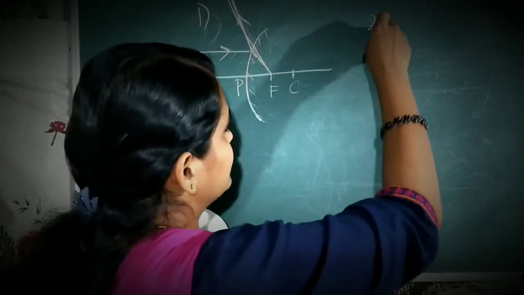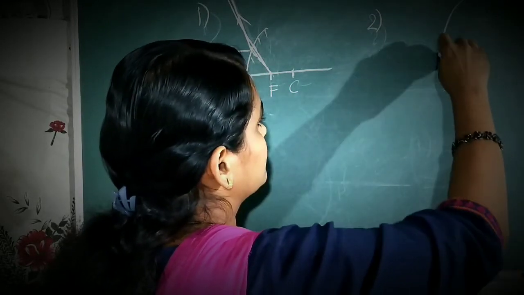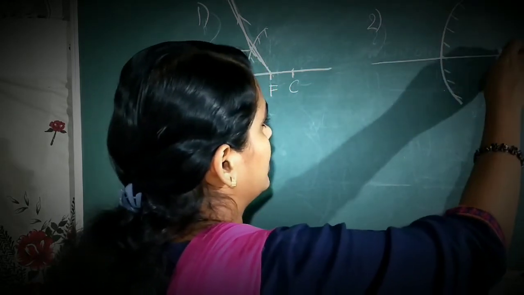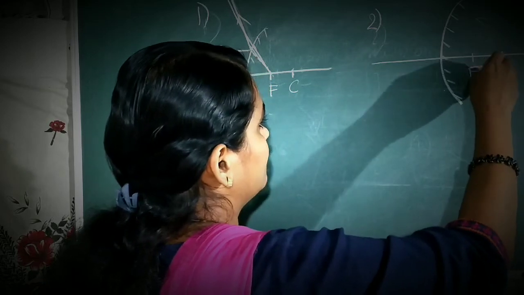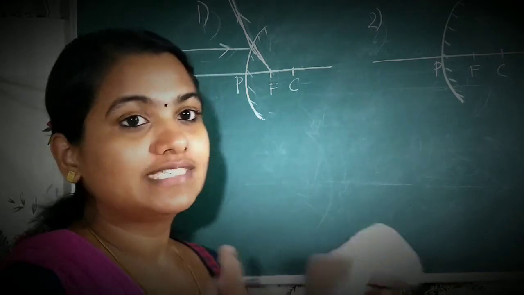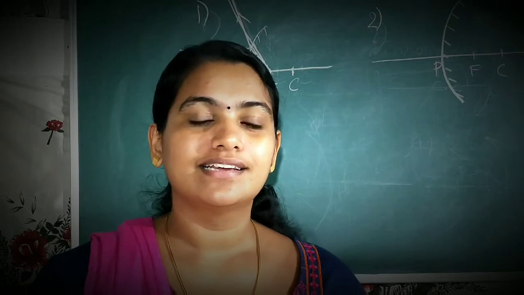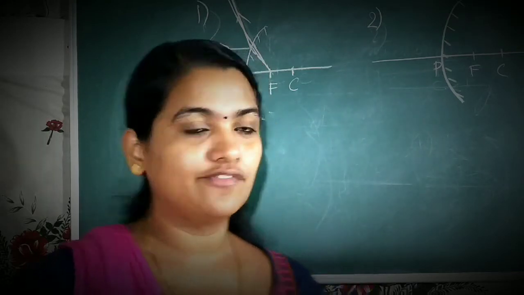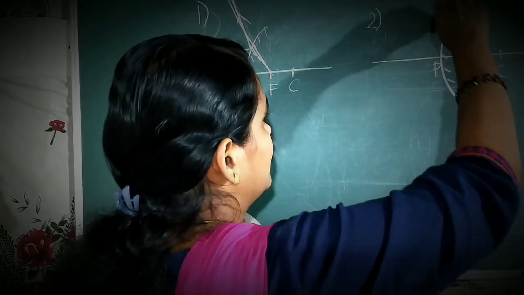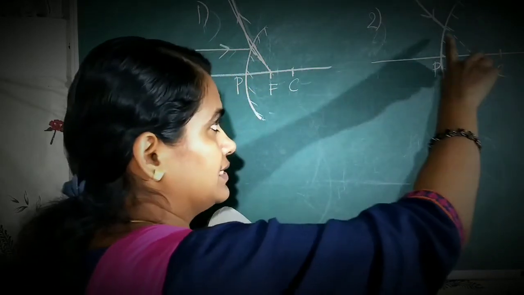Then the next case, we have a convex mirror like this. Then the principal axis, we have the center of curvature here, then the focus F, then the pole P. So what was the next? The incident ray is coming or passing through the focus. So this is the focus. So the light ray should be coming like this, passing through the focus.